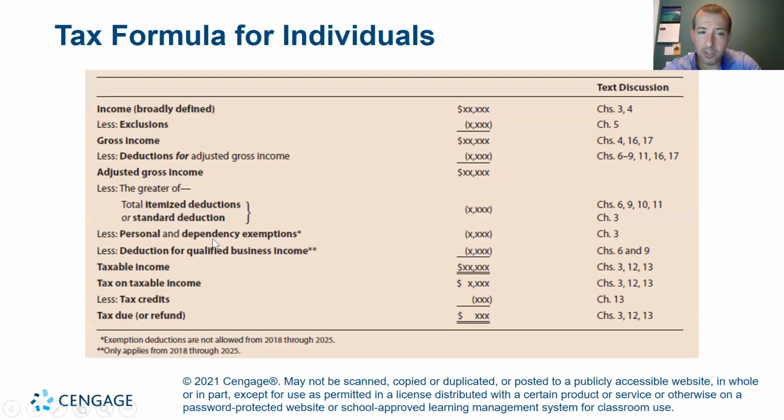And then we have our personal exemptions, our qualified business income deductions. We'll talk about more of that later on in subsequent chapters. And that gets us to our taxable income. We then deduct any tax credits, which finally gets us to the tax due.